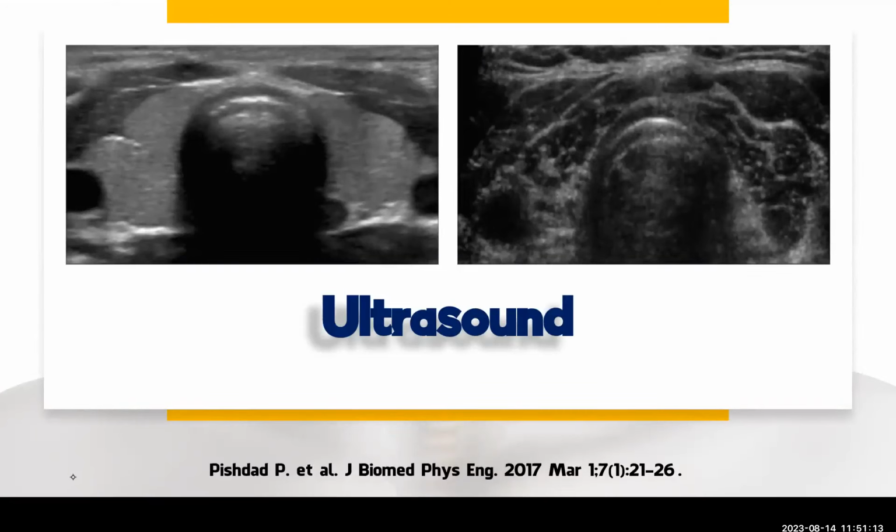While on the right panel, you can see a thyroid affected with autoimmune thyroiditis or lymphocytic thyroiditis, where you can see that the thyroid is severely hypoechoic and filled with hyperechoic fibrosity. So actually, the right panel is a characteristic picture of a patient with autoimmune hypothyroidism. So the ultrasound may actually clarify the etiology of the hypothyroidism.